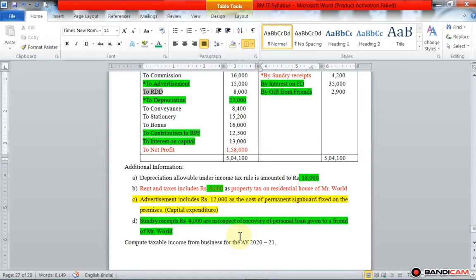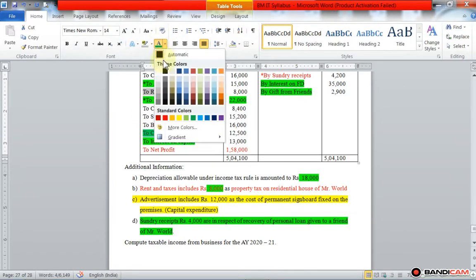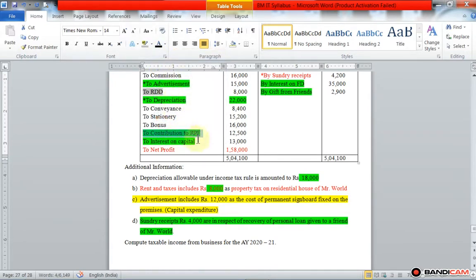Contribution to RPF, here specific is not given. If it is related to the employee then allowed, if it is not related to the employee then it is disallowed. So here specific is not given, so it is an allowable expenditure.